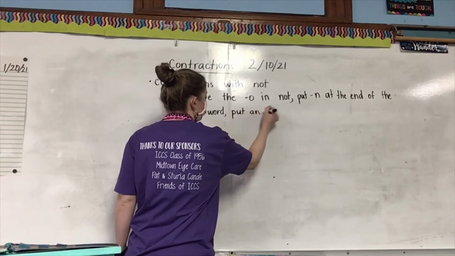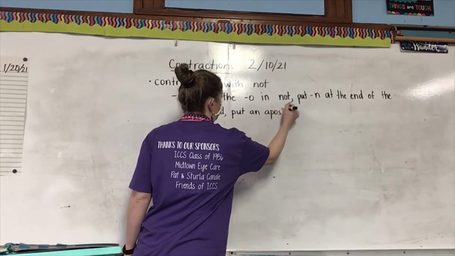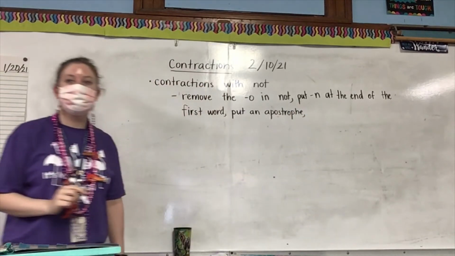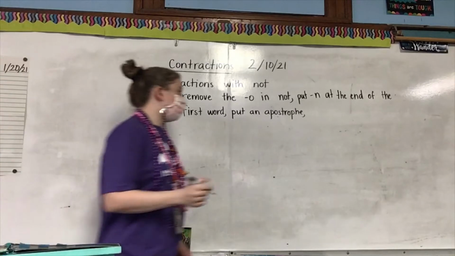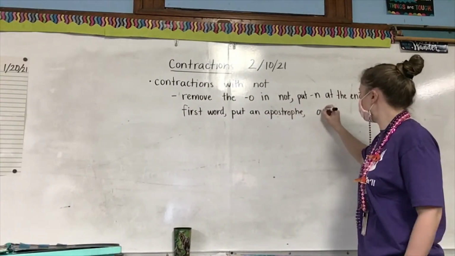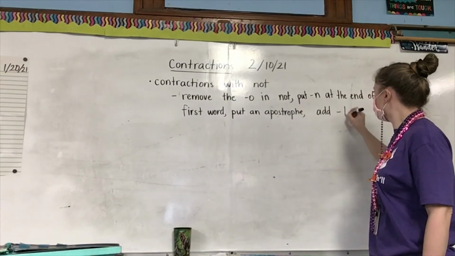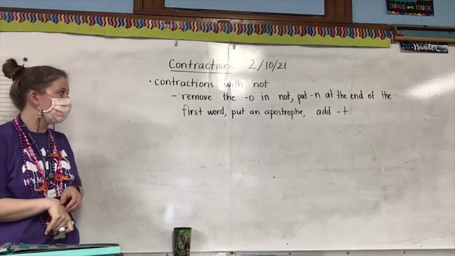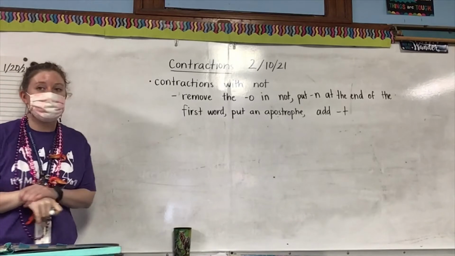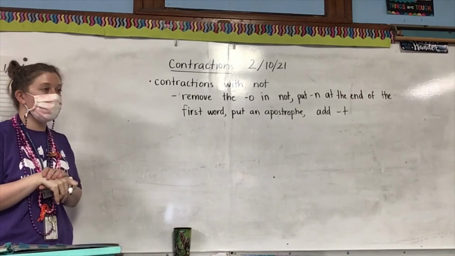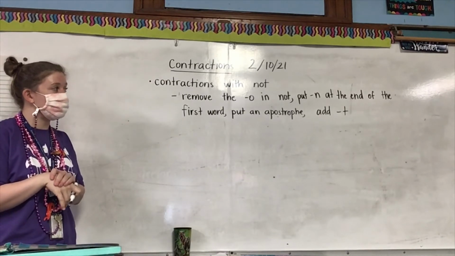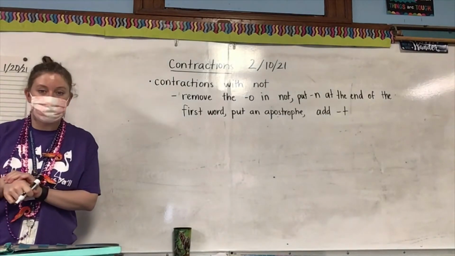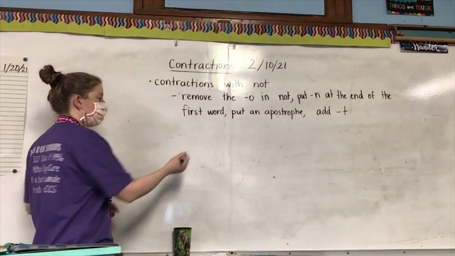Put an apostrophe where the O was. Then add the letter T. So, to form contractions with not, you remove the O in not, put an N at the end of the first word, put an apostrophe, then add the letter T.